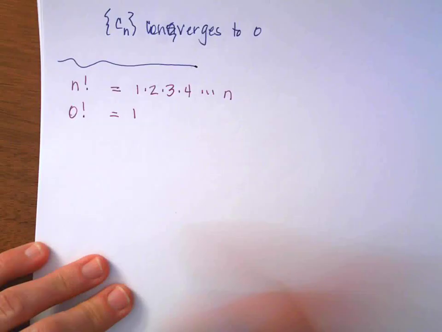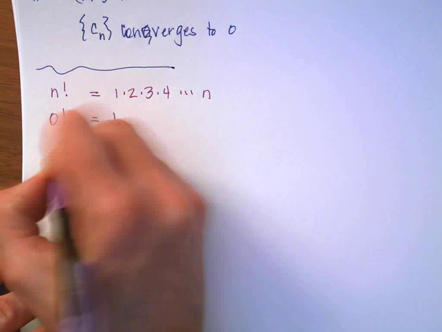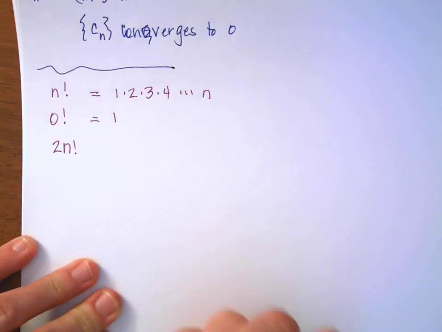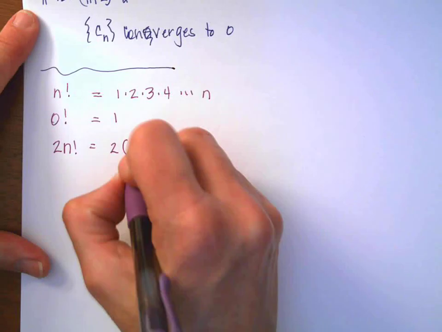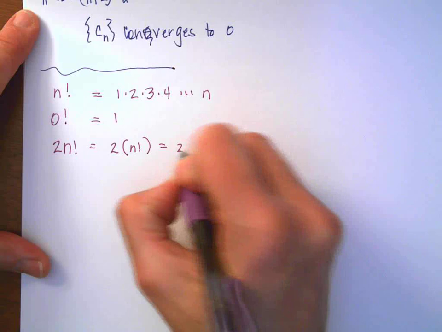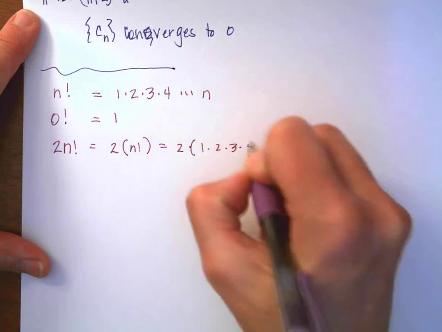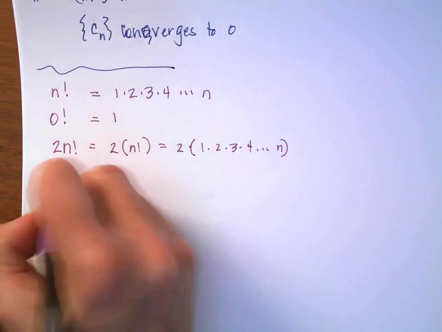And then I'm going to show you some other special situations, just to make sure that we remember notation. 2 times n factorial would be 2 times n factorial, which is 2, and then I would have times 1 times 2 times 3 times 4, etc.